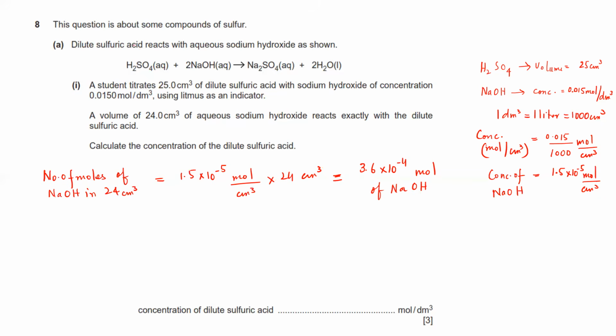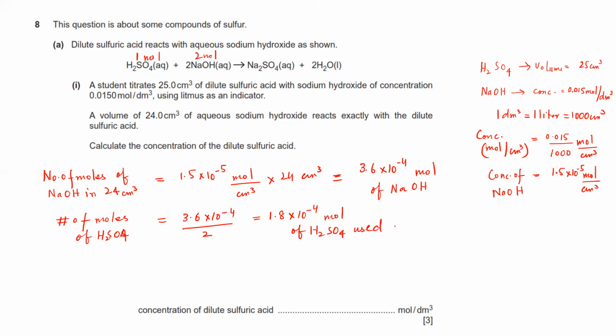Now from the equation we know that 1 mole of H2SO4 requires 2 mole of NaOH. So number of moles of H2SO4 is 3.6 into 10 to power minus 4 divided by 2. This is 1.8 into 10 to power minus 4 mole of H2SO4 used.